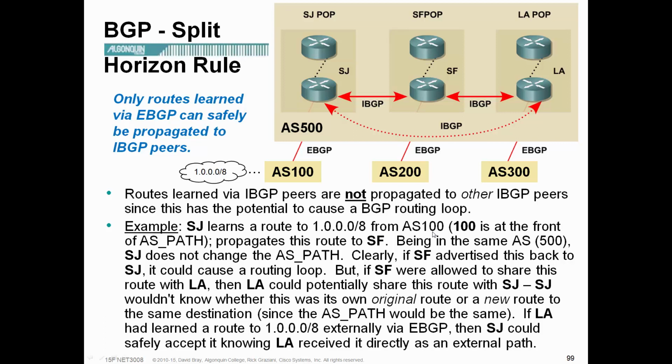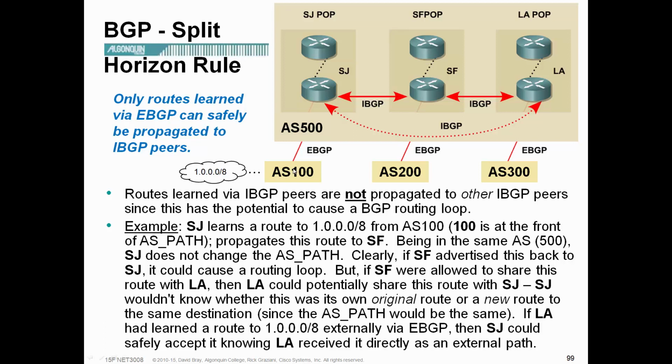Recall, as the route is advertised from AS100 to SJ in AS500, the value 100, its AS number, will be prepended, or put at the front of the AS path. That lets SJ know that to follow that route, it would have to go through AS100 first, and then whatever else is in the AS path before it reaches the destination network.